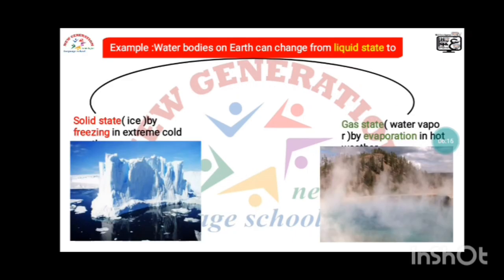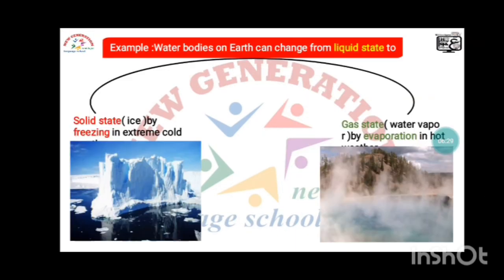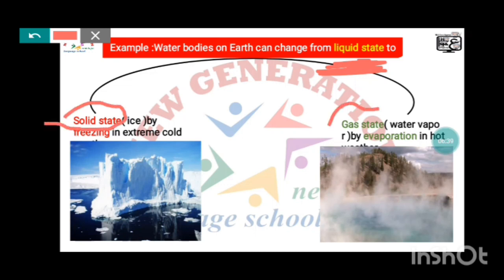Now let's talk about water bodies on Earth. Water bodies can change from liquid state to solid state and gas state.